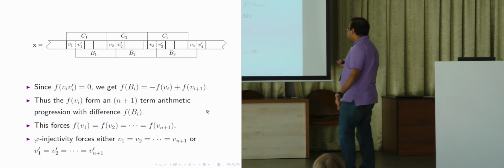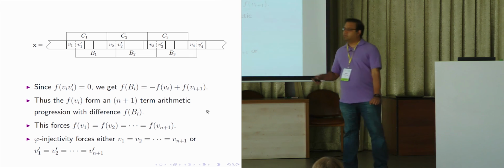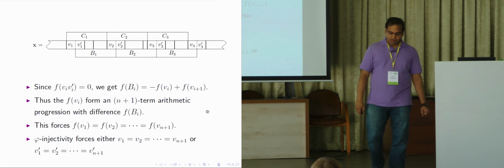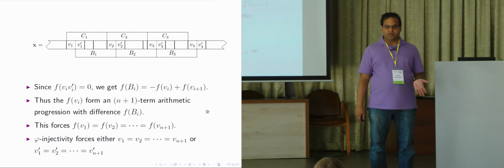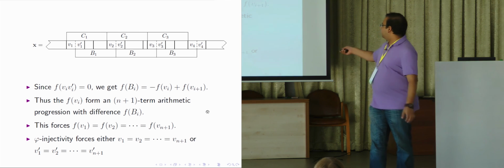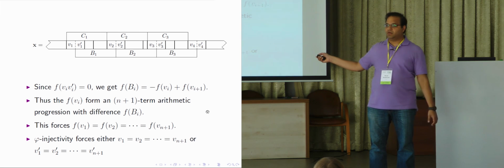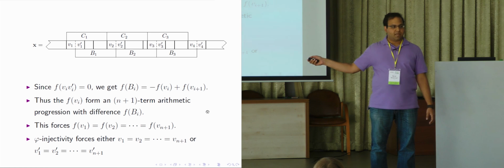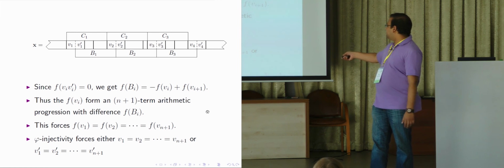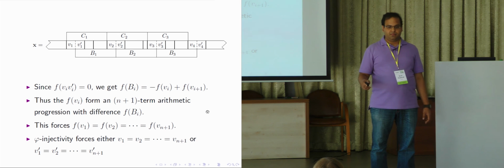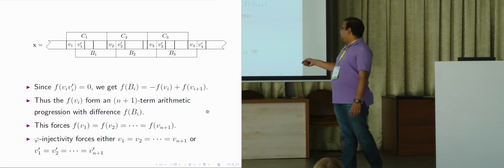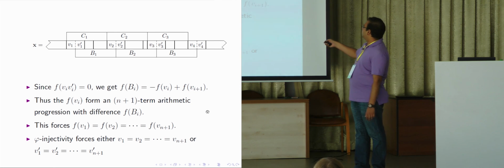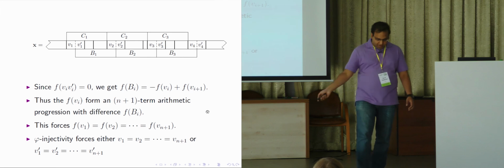Okay, but well, the point is that there are no arithmetic progressions of length n plus 1, right? Except for the trivial one where, in fact, these are all the same. Right? So, in fact, the weights of these V's, these little prefixes, V1, V2, V3, V4, their weights are all identical.